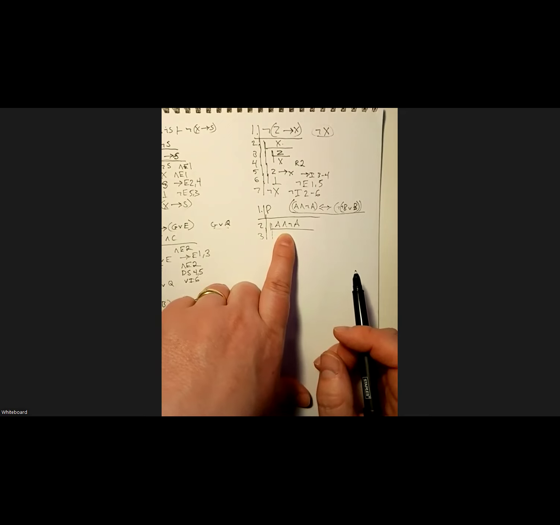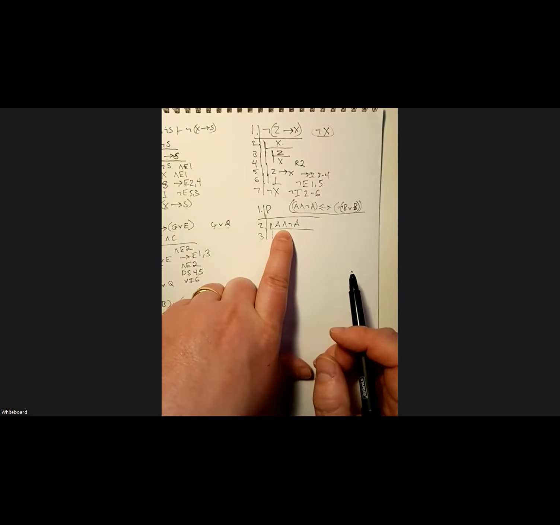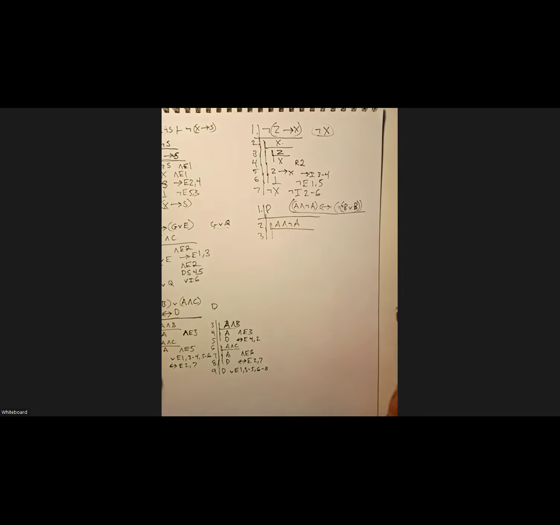If we look at the left-hand side of our biconditional, it's basically a contradiction, because it says A is true and also A is false. So this should set off an alarm bell. What's the rule that's going to get us from this to that side?